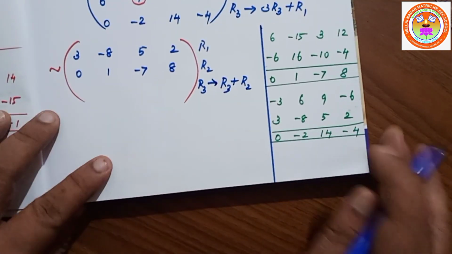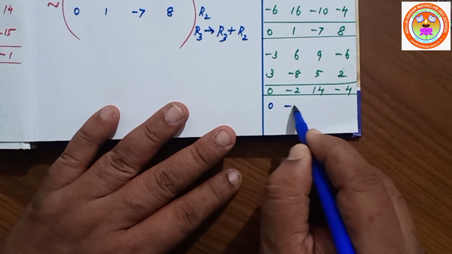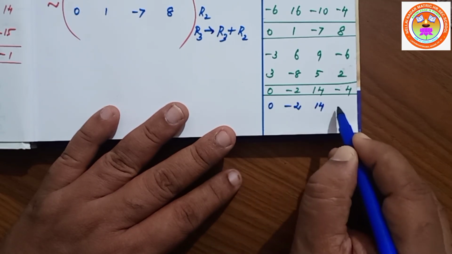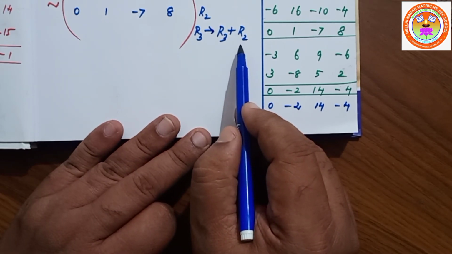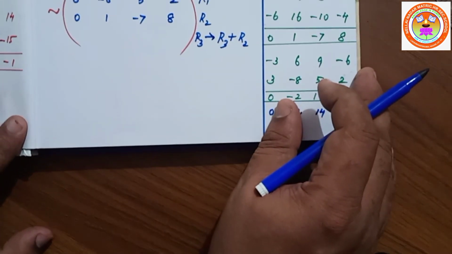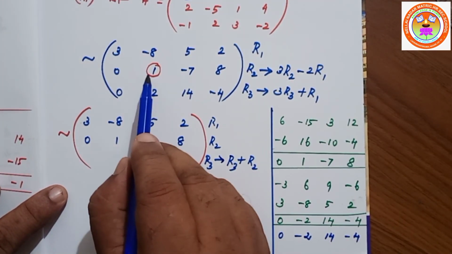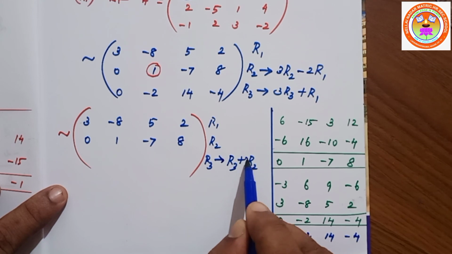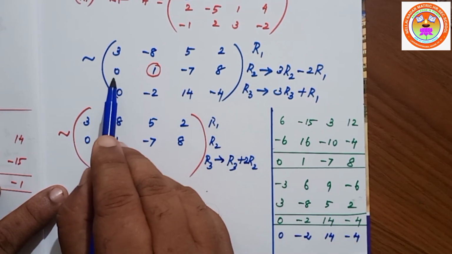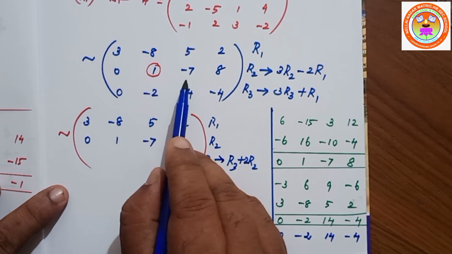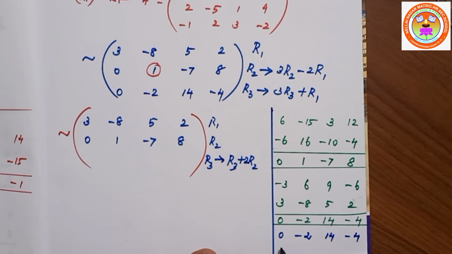I write here 0, minus 2, 14, minus 4, plus 2 R2. Correct? Because here minus 2, it has to be plus 2, so R2 should be multiplied by 2. If we multiply it by 2, you will be getting 2 into 0, 0, 2 1s are 2, 2 7s are 2 into minus 7, minus 14, 2 8s are 16.